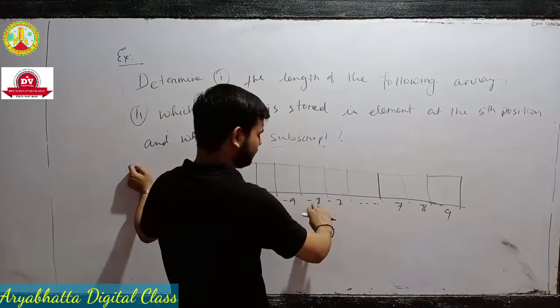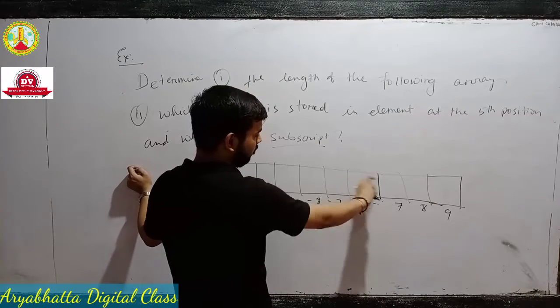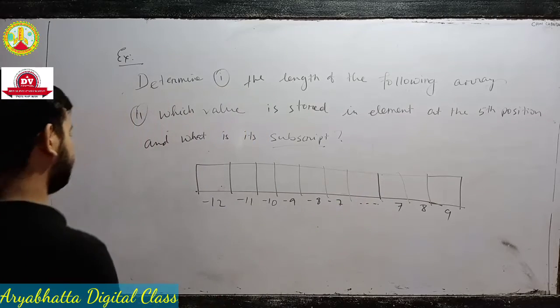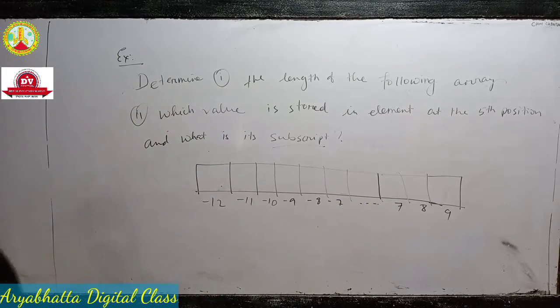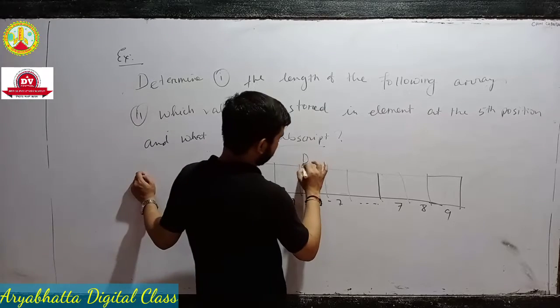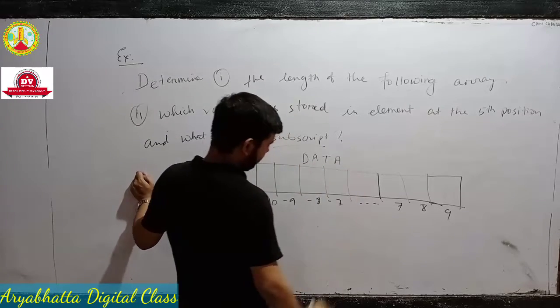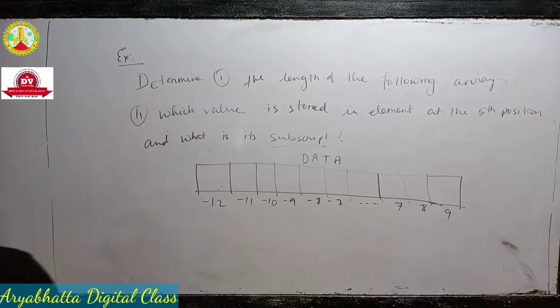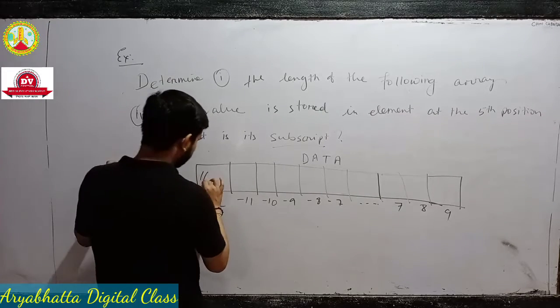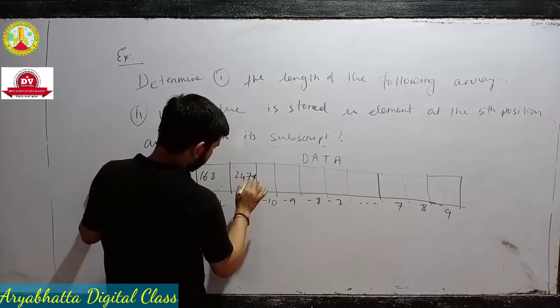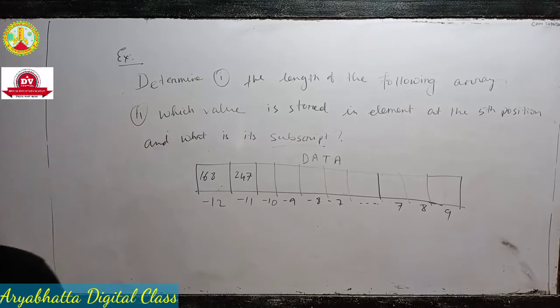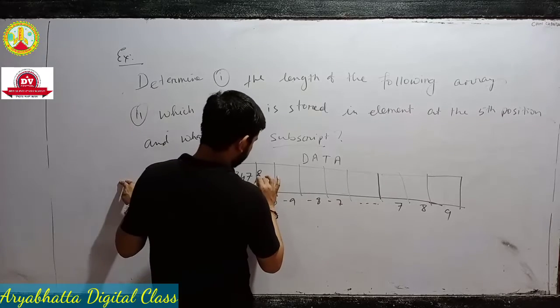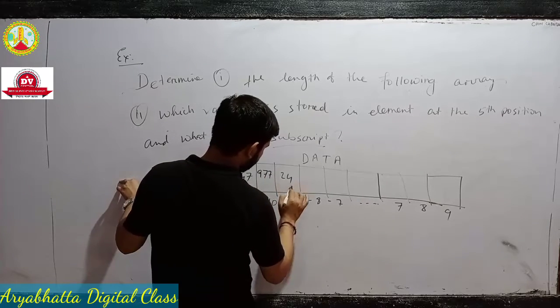The dots mean the values minus 6, minus 5, minus 4 will exist. This is the subscript, and the element is, the array name is data. The array name is user defined. The elements are 168, 247, 977, 24, integer values, the same data type.